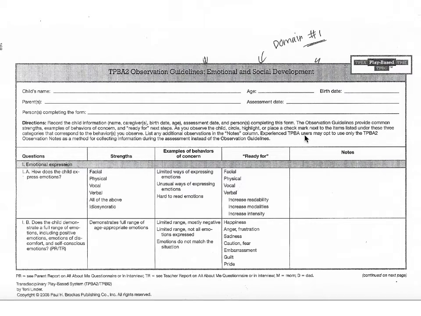Experienced TPBA users may opt to use only the TPBA 2 observation notes as a method for collecting information during the assessment instead of the observation guideline. But we're new to this form, so I would say we are going to use this guideline and we're not going to use the observation notes.